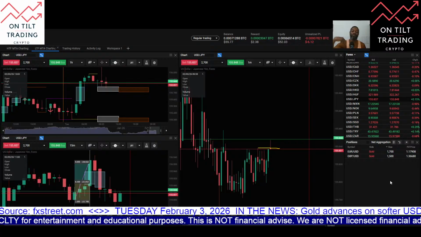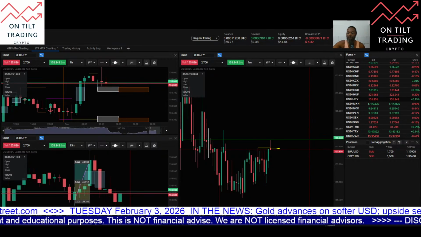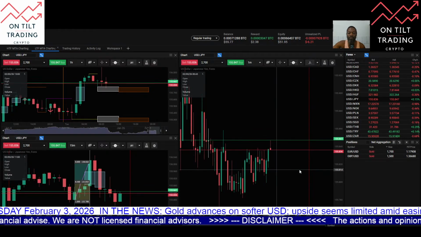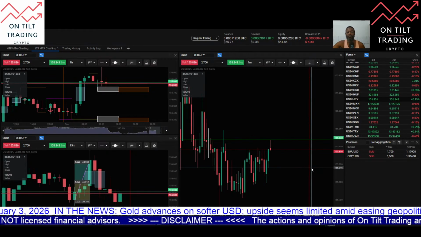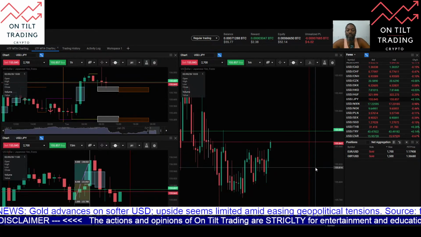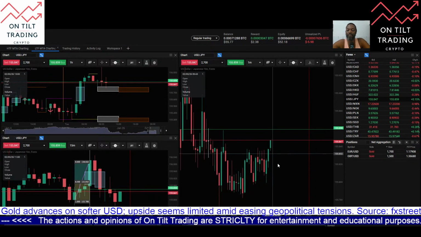Okay. So this candle here could potentially be putting in the shift and the gap here.